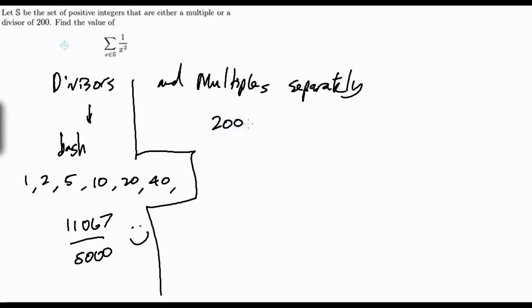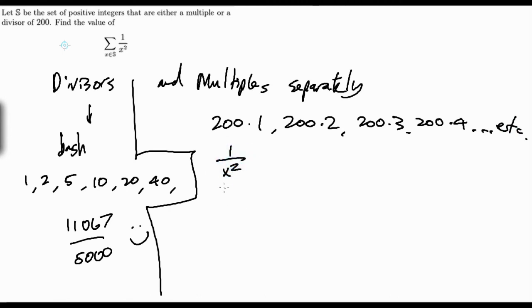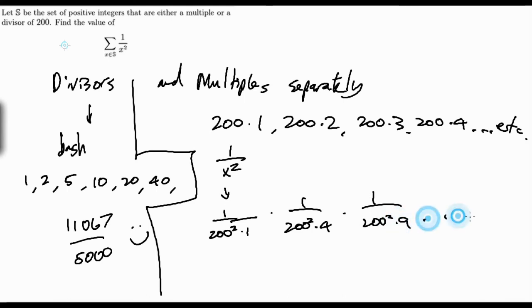That's just 200 times 1, 200 times 2, 200 times 3, 200 times 4, etc. So if you take 1 over x squared of all of these, then you get 1 over 200 squared times 1, 1 over 200 squared times 4, 1 over 200 squared times 9, dot dot dot. And you get the idea.